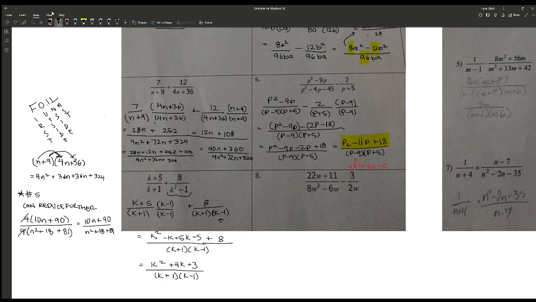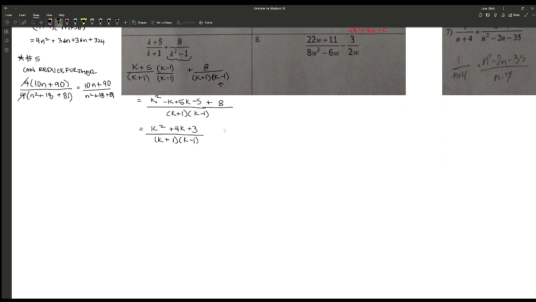The tricky thing about this one is actually that this can be reduced even further. So what we're going to do is pull it apart from ax squared plus bx plus c into x plus d times x plus e.